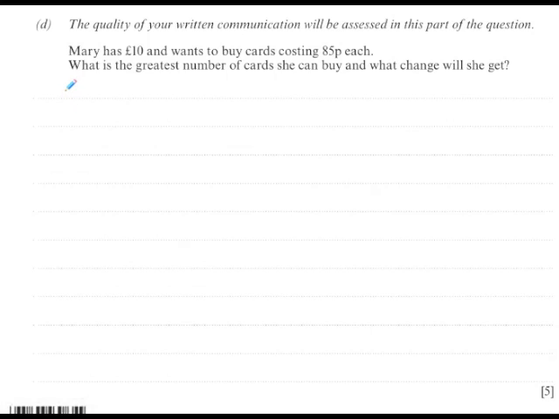So, the first thing that can easily be done is multiplying by 10. Everybody knows how to multiply by 10.